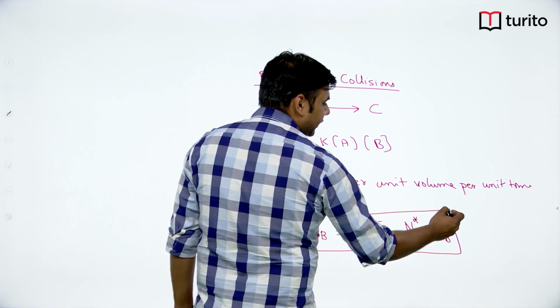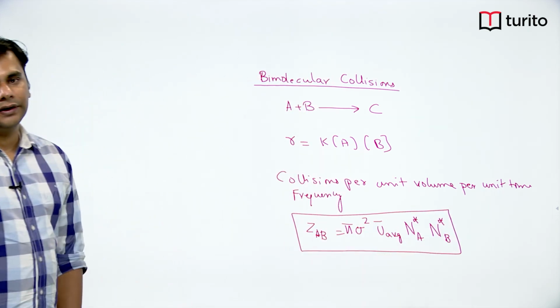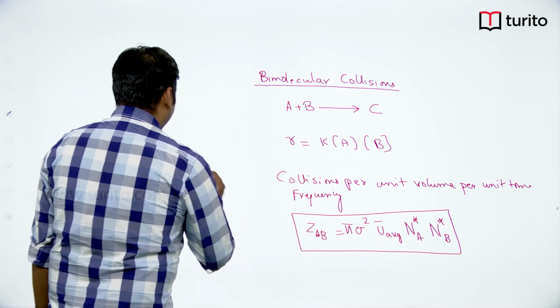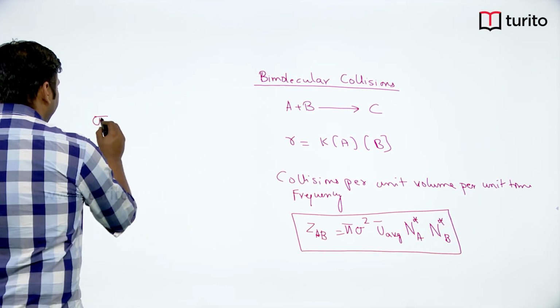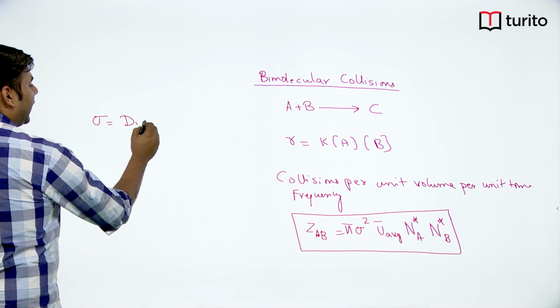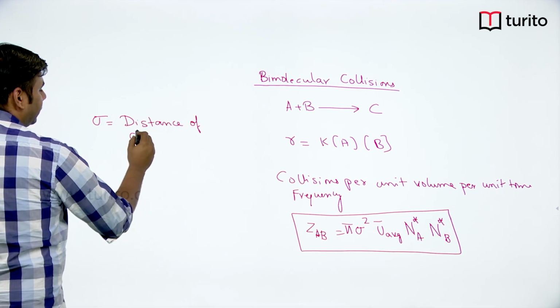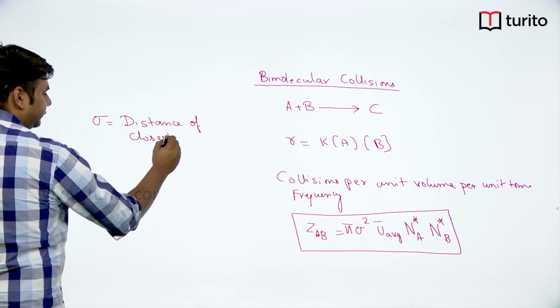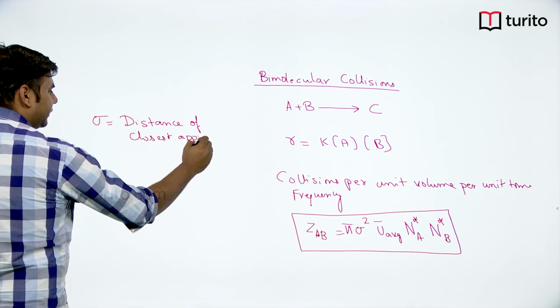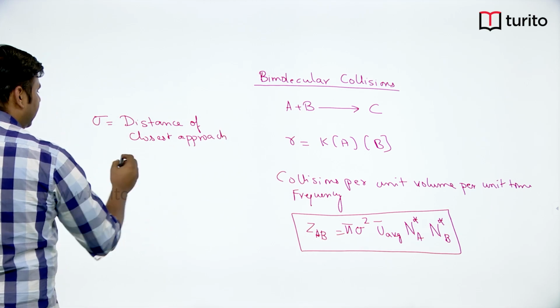So this is the basic collision frequency, where sigma is called the molecular diameter of AB, or distance of closest approach.